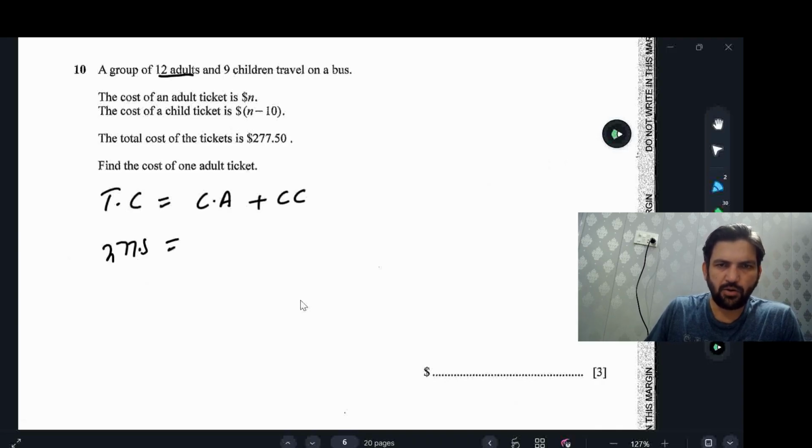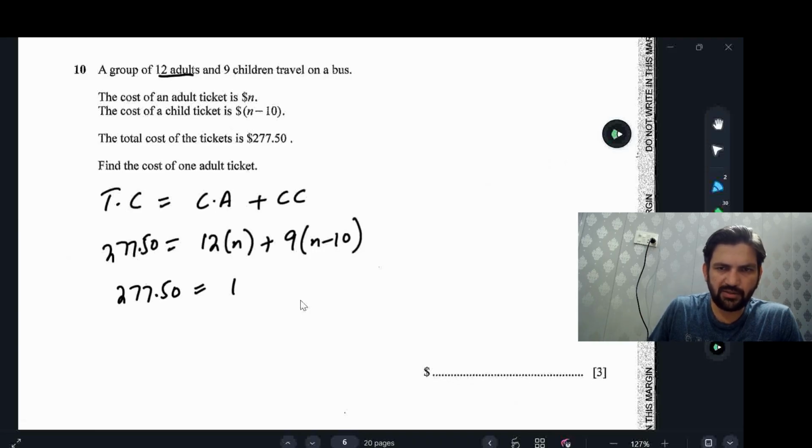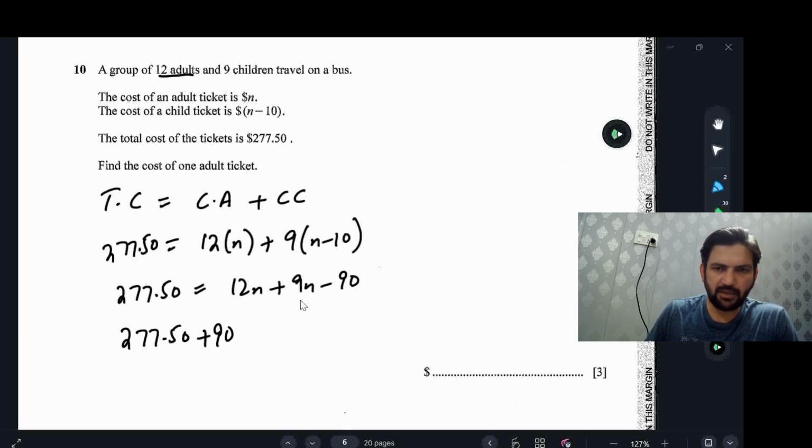277.50. The cost of the adults should be 12 times n, plus the cost of the children should be 9 times (n minus 10). So if we simplify, 277.50 is equal to 12n plus 9n minus 90. So 277.50 plus 90 is equal to 12 plus 9, which is 21n.